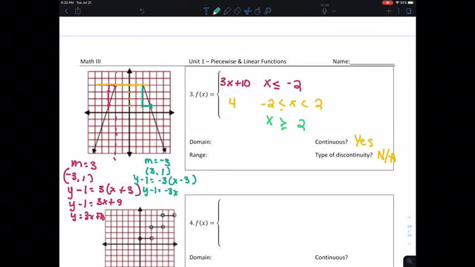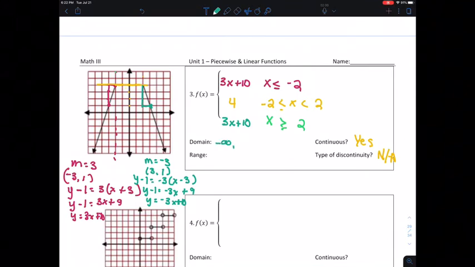So it's y minus 1 is equal to negative 3x, and a negative times a negative makes that positive. So we get y is equal to negative 3x plus 10. And that's how we write that.